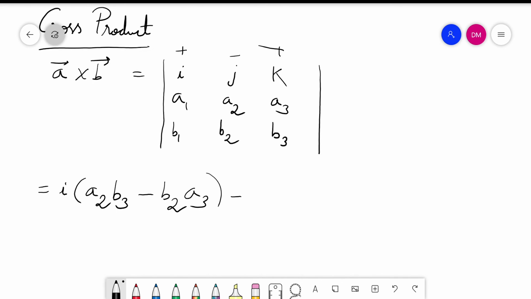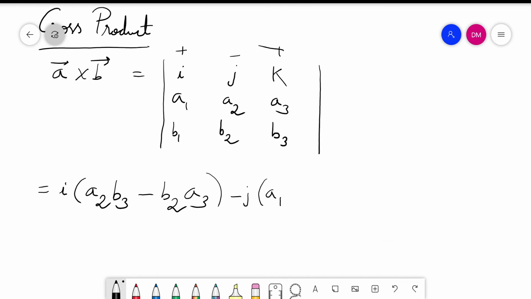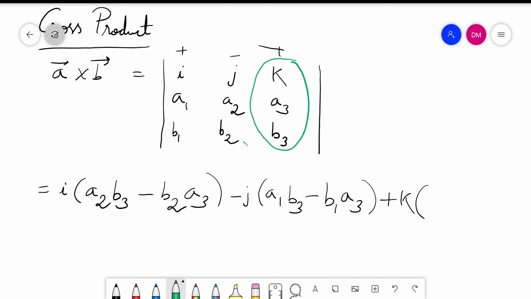Minus j a1, and now we have to hide this one and consider this minus this. Now this can be written as a1b3 minus b1a3. Now we have to come to k, plus k. Again we have to hide this part of the k and consider this minus this.